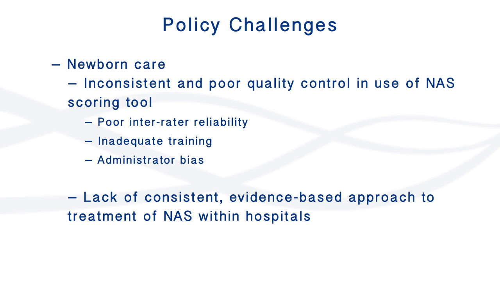So there's very poor inter-rater reliability. Most of this is due to inadequate training, so that the way that a nurse is trained on using the NAS scoring tool is by another nurse who's been doing it for a long time, who then trains that nurse.